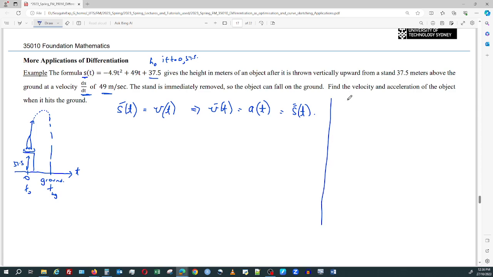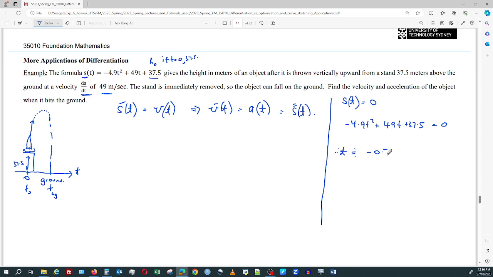If we assign s of t to 0, not the derivative, just the actual displacement, then we'll have minus 4.9 t squared plus 49 t plus 37.5 is equal to 0. This is purely displacement. This is not calculus. Be careful. Then we can use the quadratic formula to find t, and we'll find there are two approximate values for t.